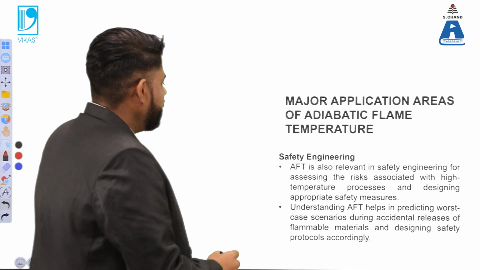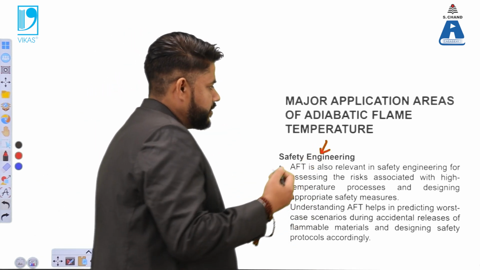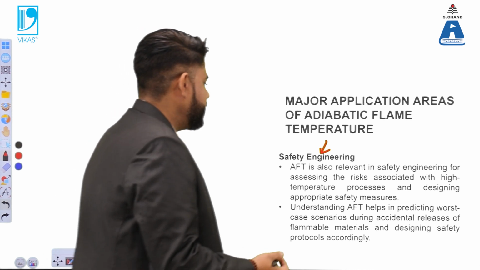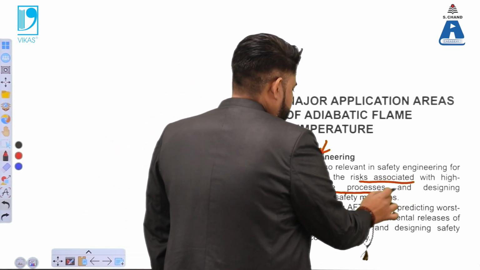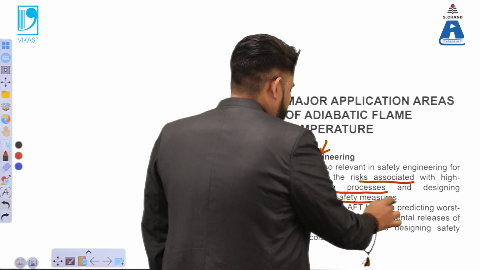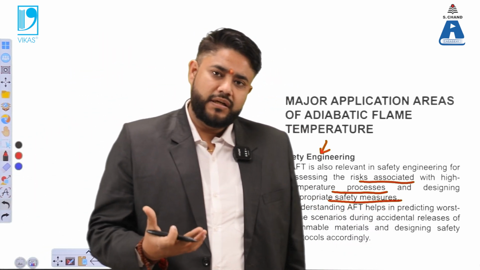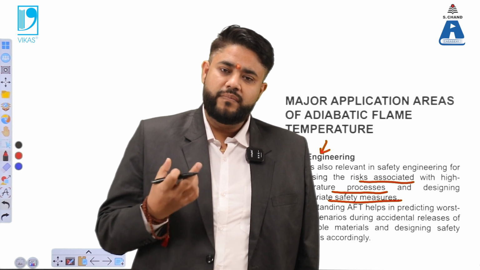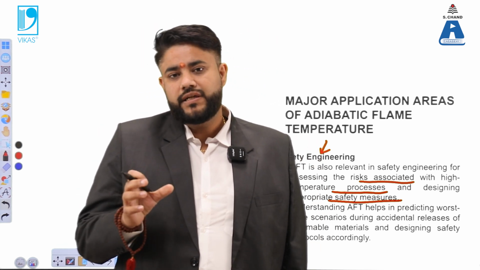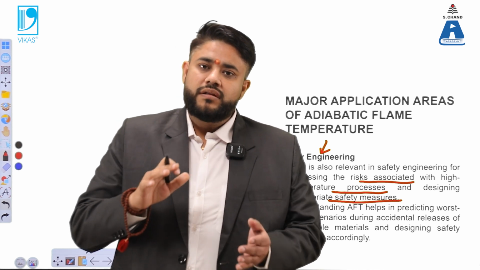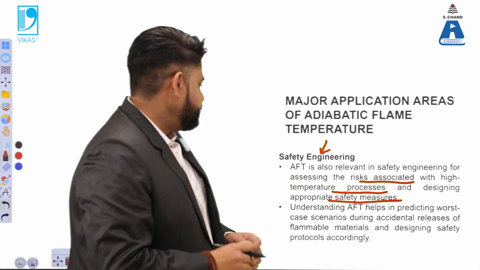And ultimately it leads to the case of safety engineering, where it is applicable for assessing the risks which are associated with high temperature processes and designing appropriate safety measures, because AFT is basically that particular temperature which is related to safety, and that gives you an idea on which temperature values can be safer for the industrial practices.